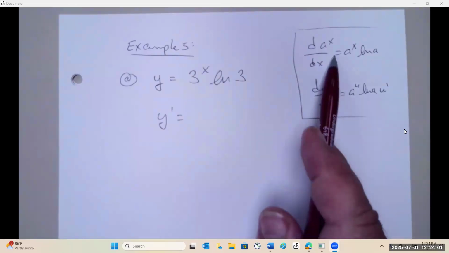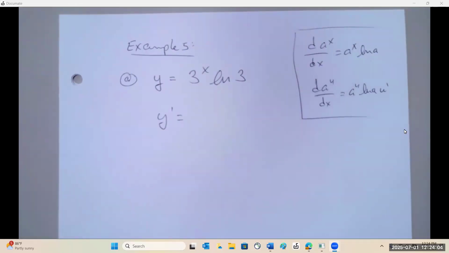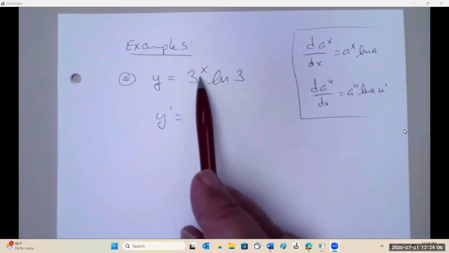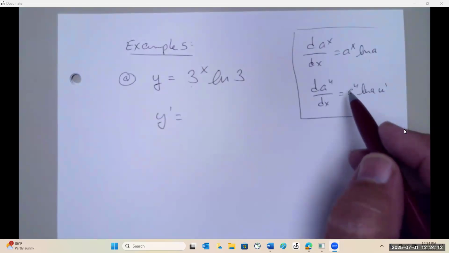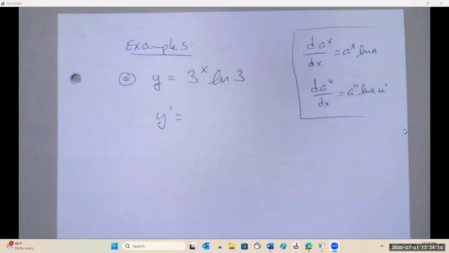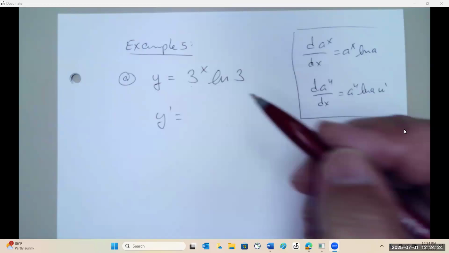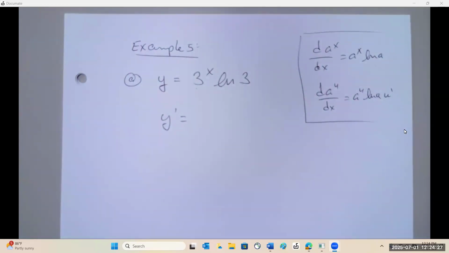So does this one match our first or second formula? Our first one, because we have a is 3 and the exponent is x. How would I find the derivative? Is it a chain rule? Is it product rule?